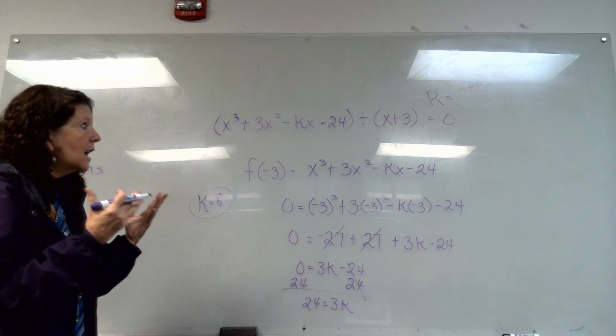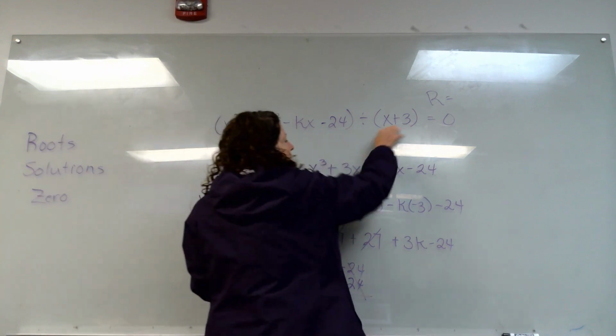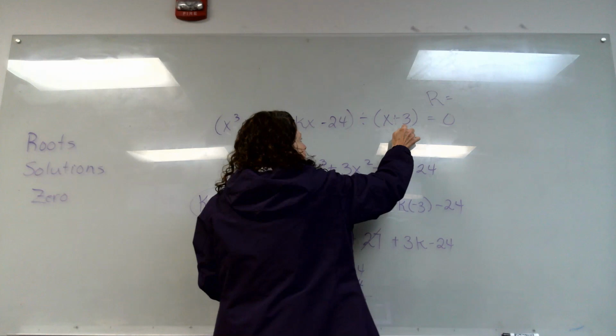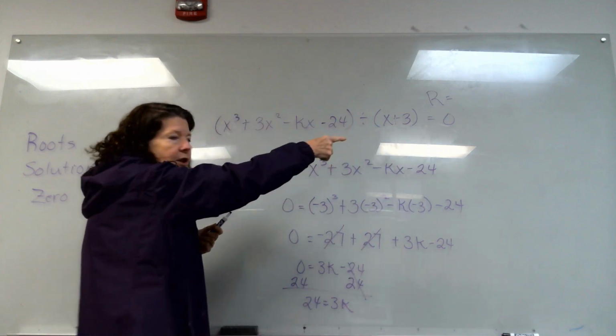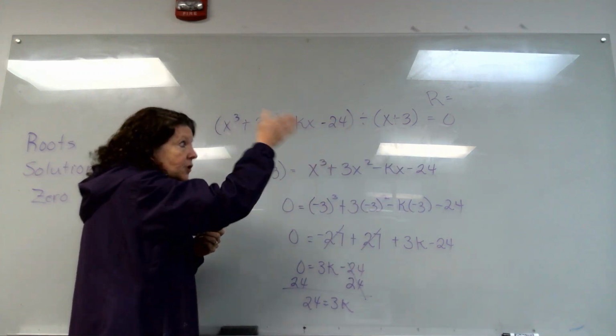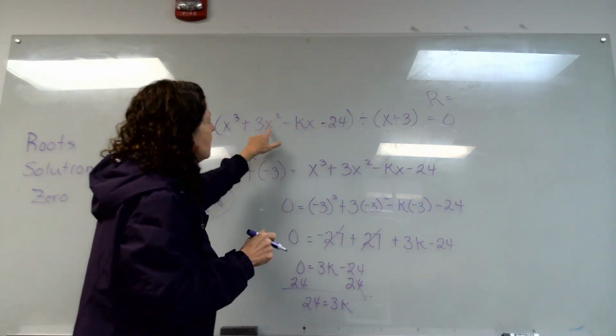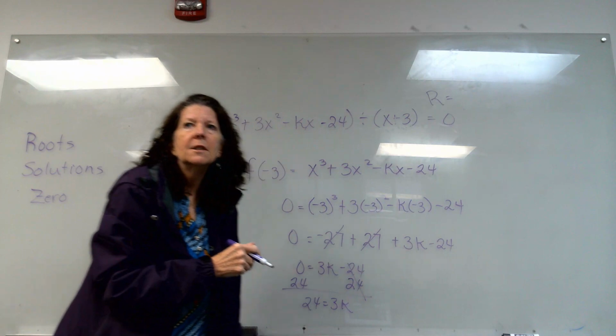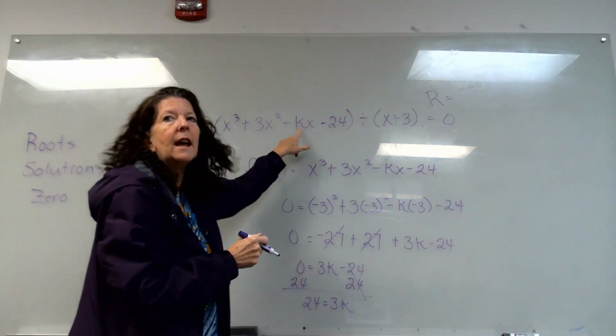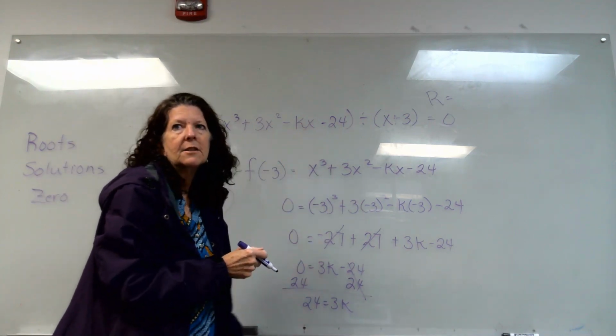And the logic behind it is if this is a factor, then when I plug in the opposite here, I should get a 0. And it told me I got a 0. So once I take that negative 3 and put it in all the x locations, the only variable I have left is the k, and I can easily solve for it.